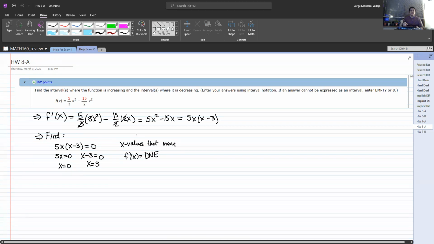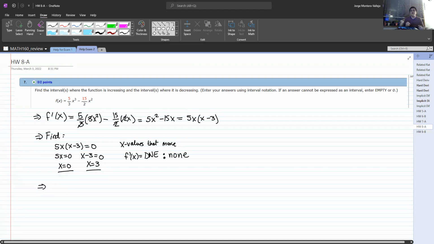Well, because f prime of x here is this nice polynomial, that means that there is no x value that breaks it, right? Because polynomials behave nicely everywhere. They're continuous everywhere. They don't have interruptions. They don't have points where it blows up to positive infinity or negative infinity or something like that, right? So here, none.